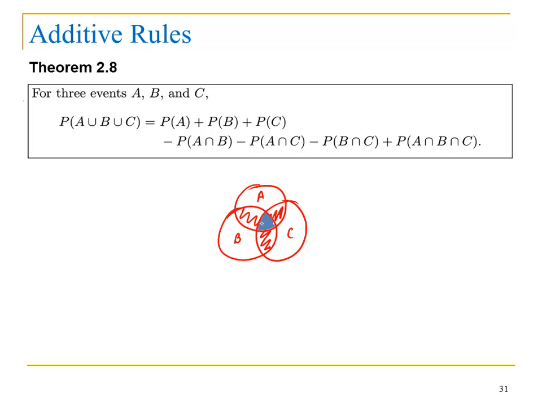So that's why when you subtract these three times, you need to add back this portion. So that's when you're taking into account three different events. Any questions?